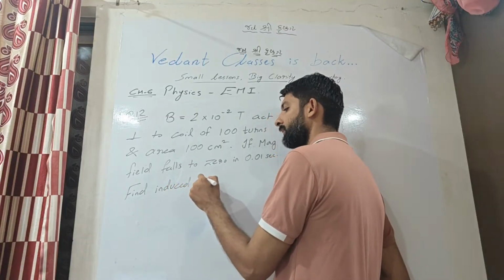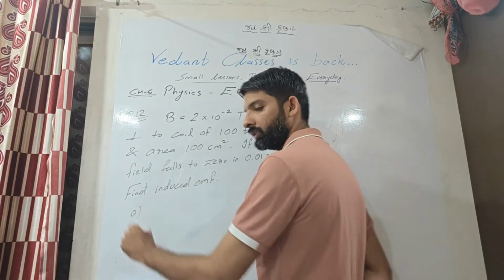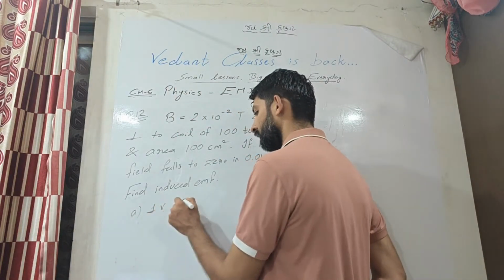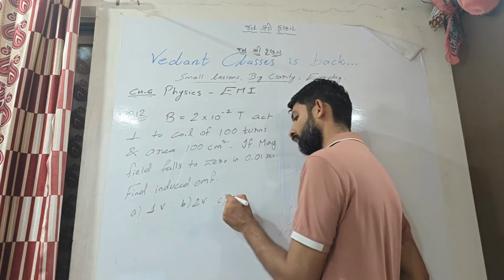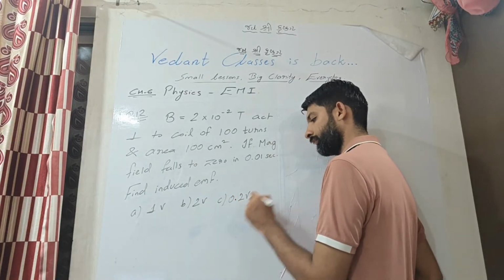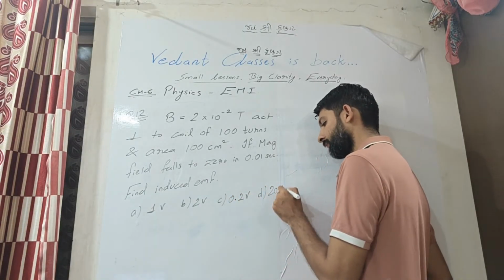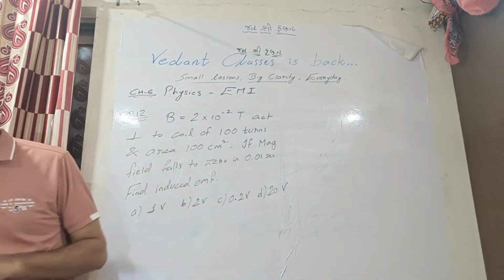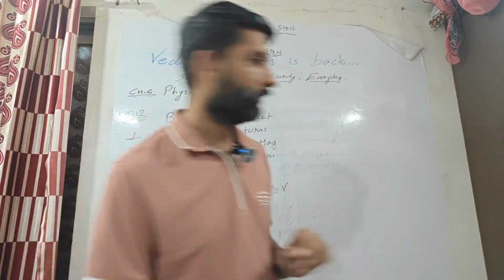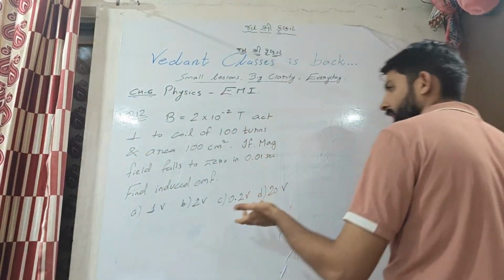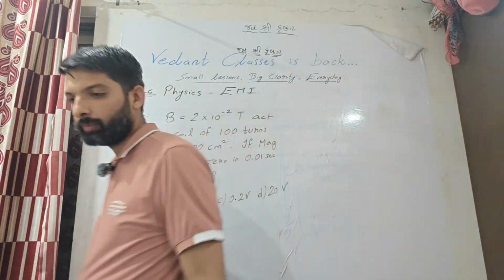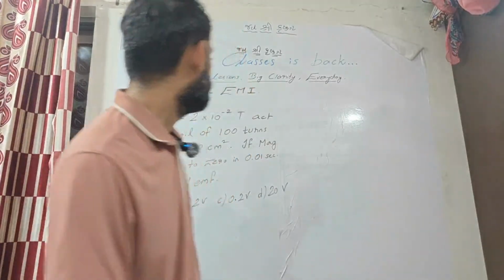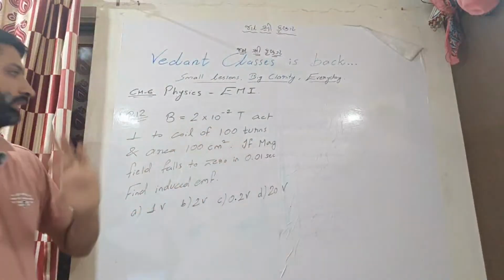Options given are 1, 2, 0.2 and 20. This is the first formula of the chapter, जहाँ से Faraday's law हमने पढ़ा था. Directly you can use that equation, but you have to consider n as well.